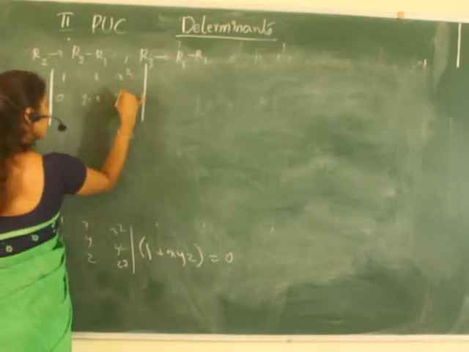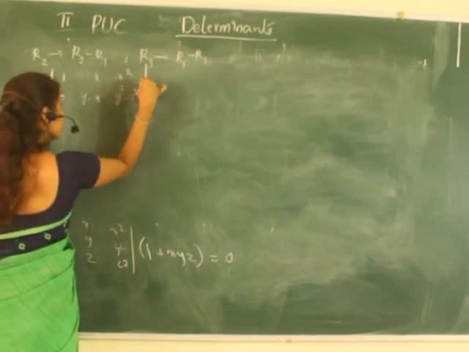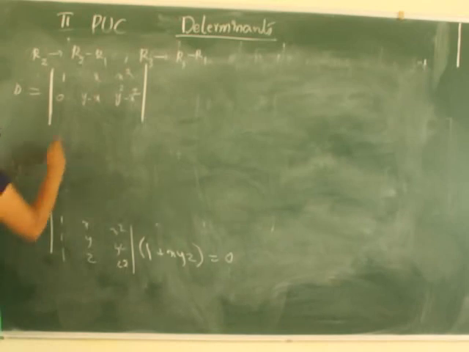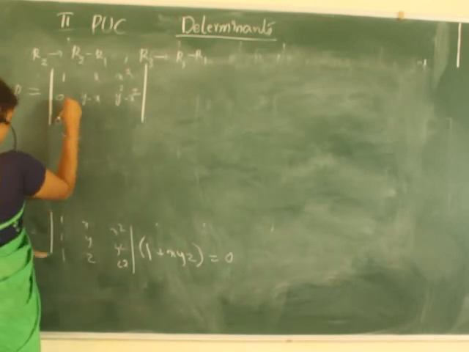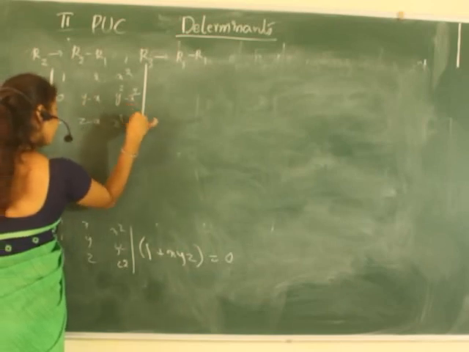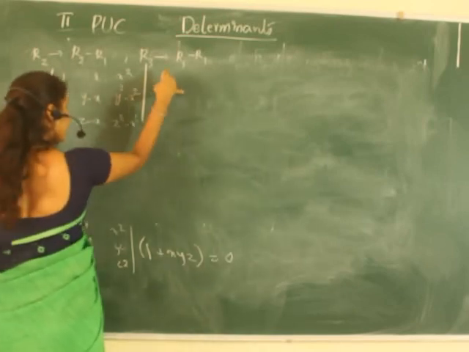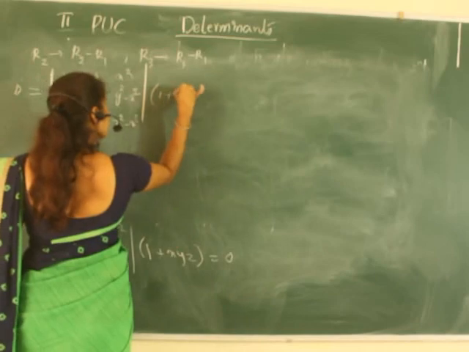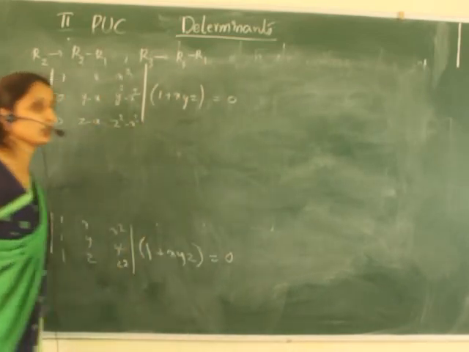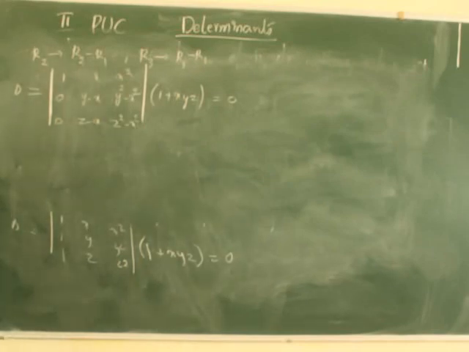Next is y square minus x square. Then R3 minus R1, so this will be 0, then z minus x, z square minus x square, into 1 plus xyz equal to 0. So I got like this.